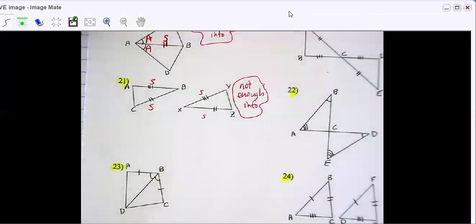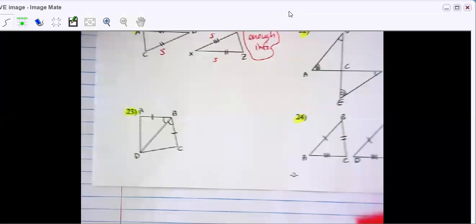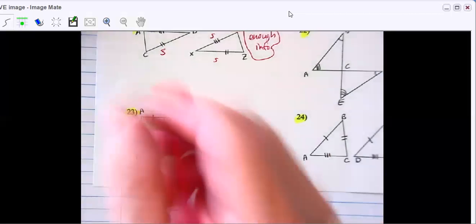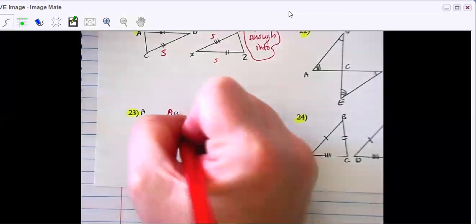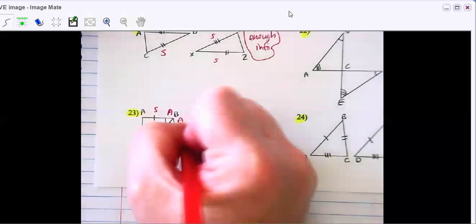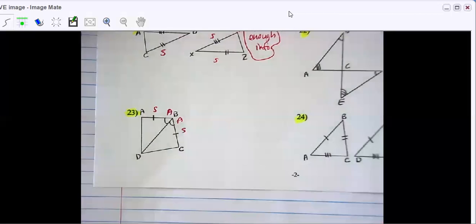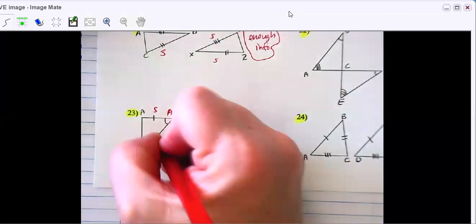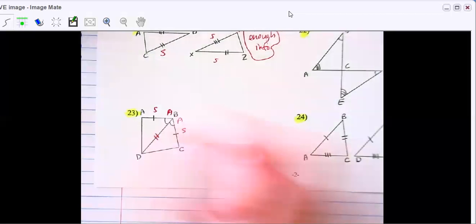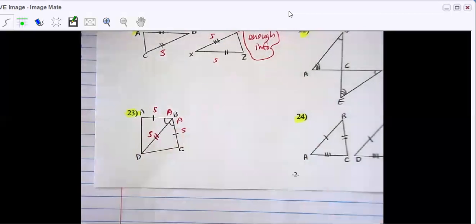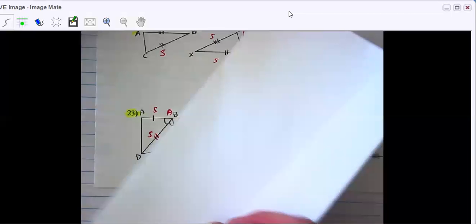Okay, so let's look at 23. Labeling what I've got, an angle, this side, and that side. Well, we have 2 pieces of information. Is there a third that I can label? The middle one, because it's a common side. Awesome. So now we have an S. If I'm looking at the left or upper triangle, I would have side, angle, side.